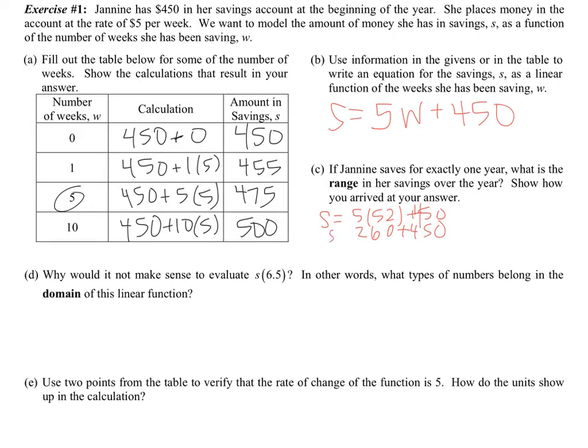So her savings after a full year is $710. So she starts at 0 and goes to $710. So to show her range, it starts at 0 and ends at $710.